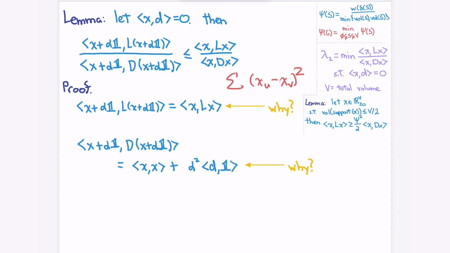Somewhere we need to use the condition that x D 1 is 0. So if I look at x D 1s, that gives me 0. So shifting only increases the denominator, and the numerator doesn't change. So you can always shift.